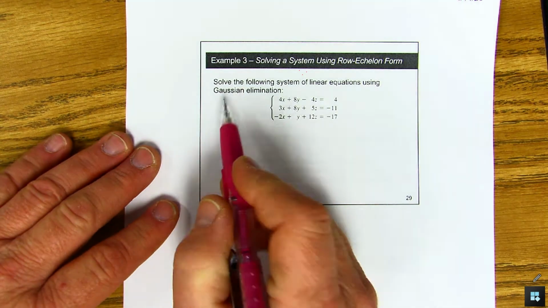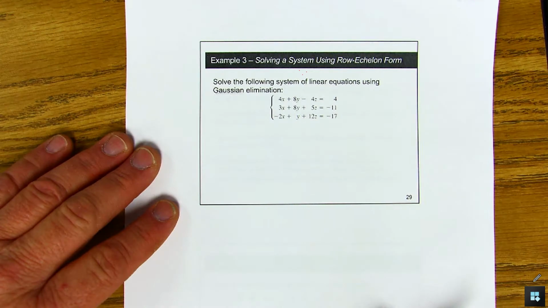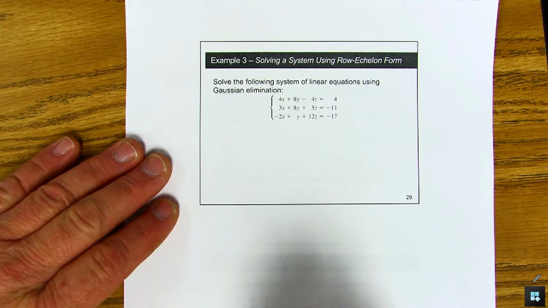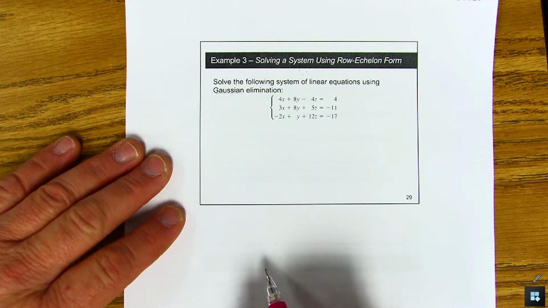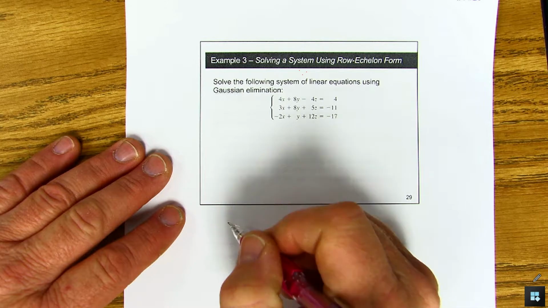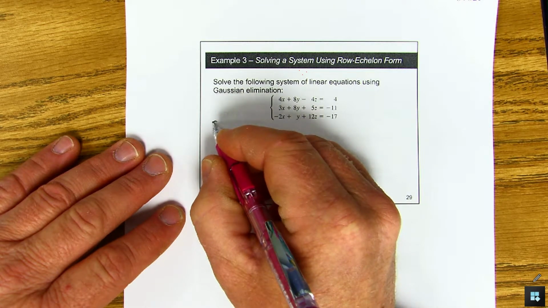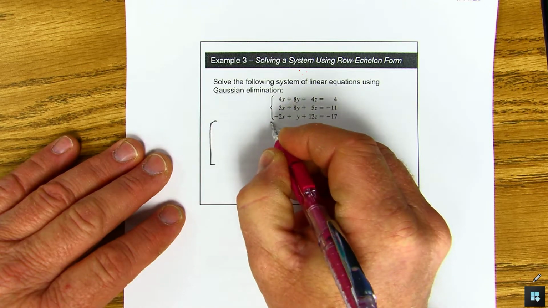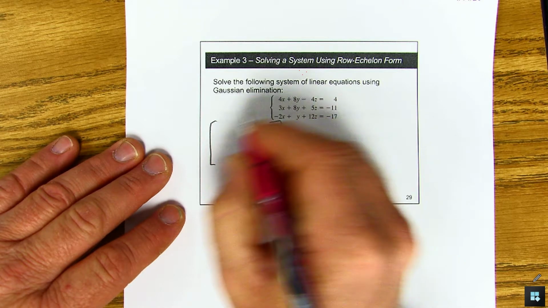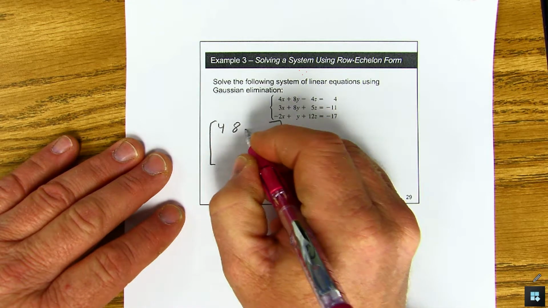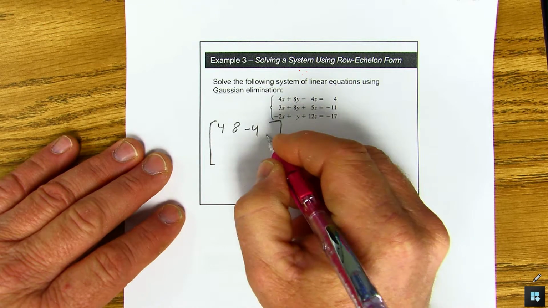It's called Gaussian elimination. Solve the system of linear equations using Gaussian elimination, which means they want you to put it into row echelon form, which means we want that triangular type of matrix. So let's first put it into an augmented matrix right here. We have 4, 8, -4, and 4.